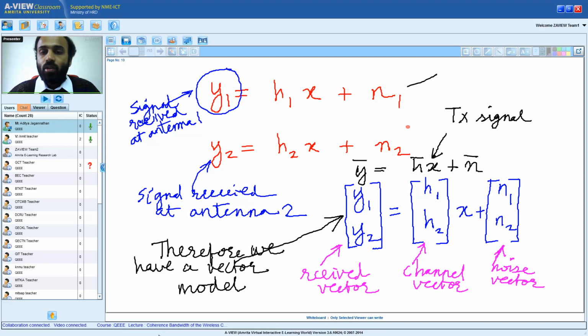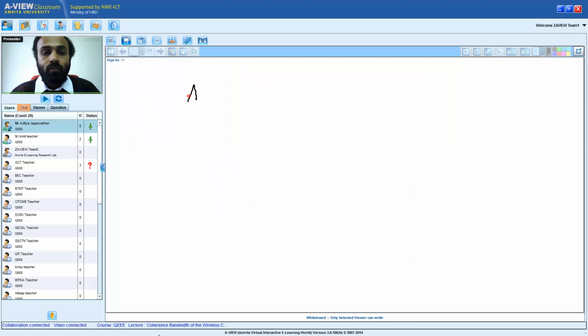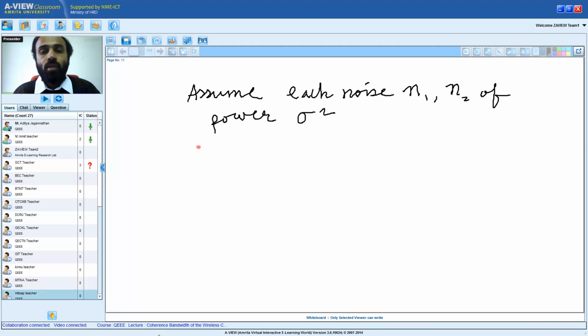Further, we are going to assume the following, which is reasonable: the different noises n1 and n2 are independent. We are going to assume each noise n1, n2 has power sigma square, and the noises are uncorrelated, that is the expected value of n1 n2 conjugate is equal to 0.